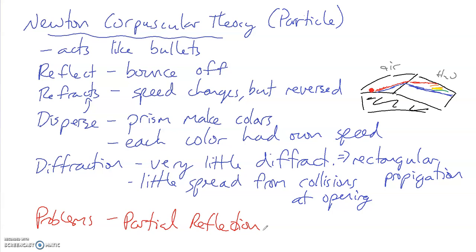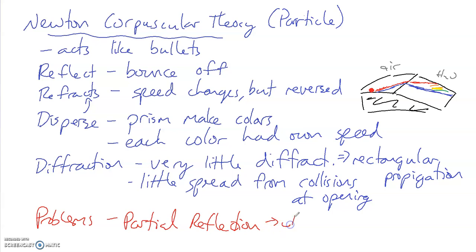There's always partial reflection. He had trouble explaining that. Why would some of the bullets go through? Why do some bullets bounce off? That didn't really make much sense. He could explain pretty much everything else, the reflection, refraction, dispersion, diffraction, no problems. But the partial reflection was hard for him to fully explain.